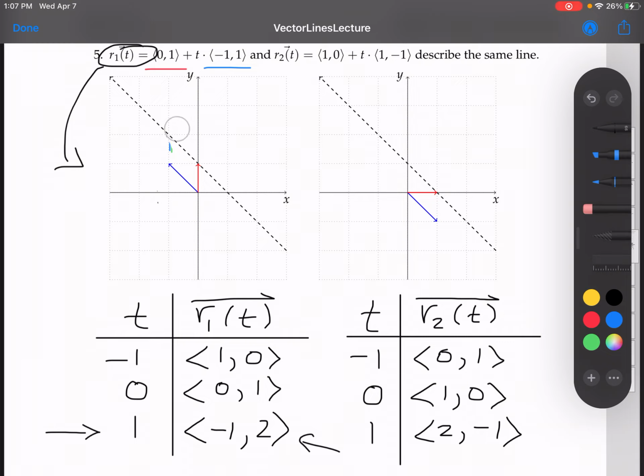All right, so the thing to see here is that at negative 1 we had 1, 0. At 0 we had 0, 1. And at 1 we had negative 1, 2.